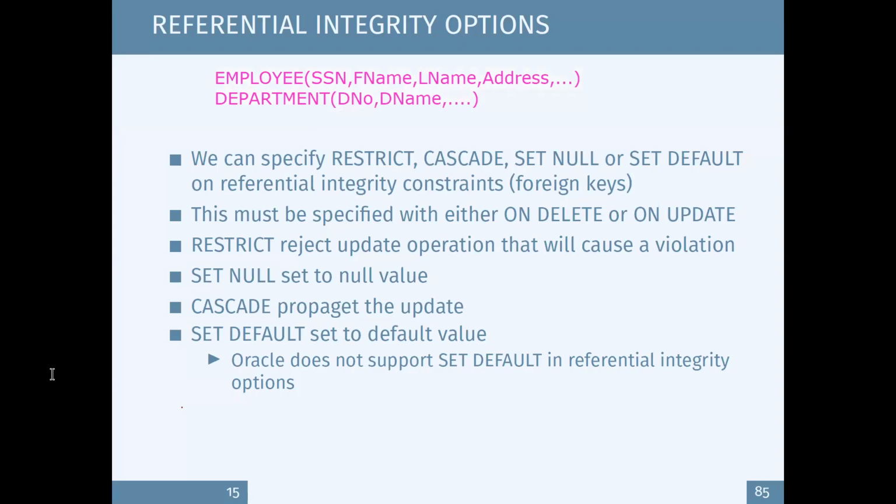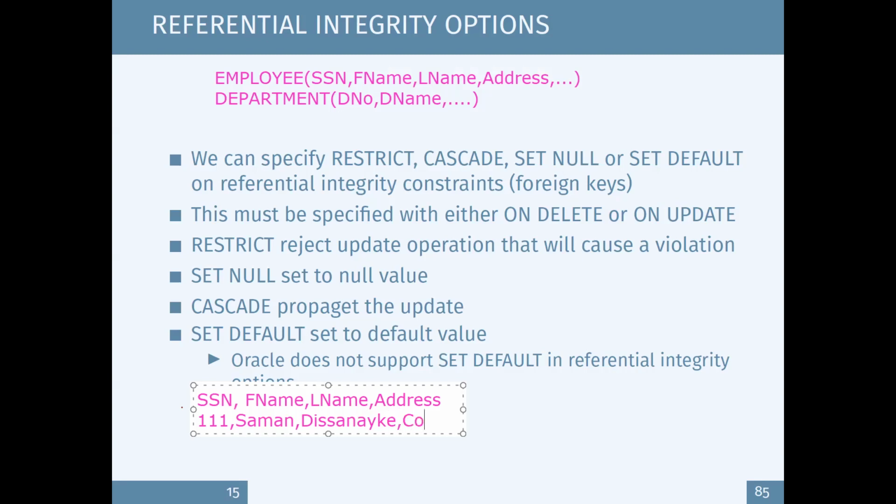Let me give you some more information. Let's take some values like social security number, first name, last name, address. Say social security number 111, someone Nayak, and 222 Kamala Silva. So this is some data records for the first table.